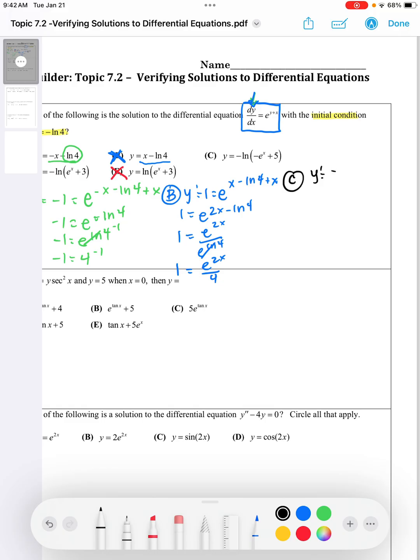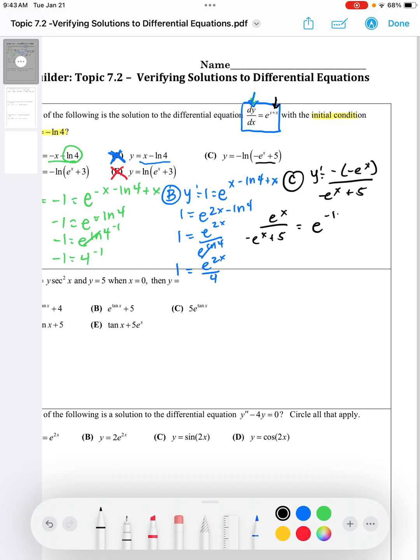And the derivative of u, the inside piece, is going to be negative e to the x, over u, the whole thing, negative e to the x plus 5. So for my derivative, the negative times the negative in the numerator is going to cancel out. So e to the x over negative e to the x plus 5. And I want that to be equal to e to the y.